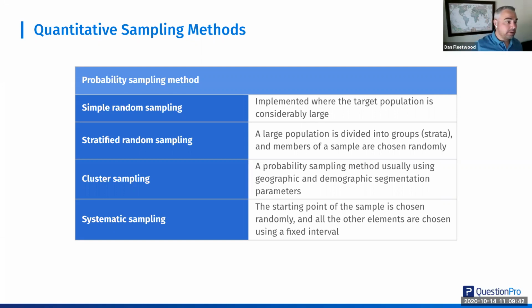All different probability sampling methods, but I think the most important thing here is that when you do probability sampling, you're able to use random selection, and by default, you're able to use the odds or probability to project to the larger population. So you don't have to necessarily do a census where you're getting everybody, but you're able to project it based on a limited number of responses to your overall group.